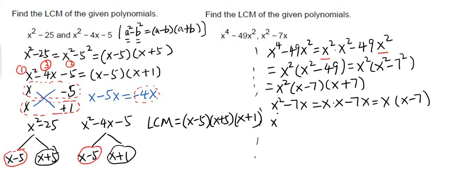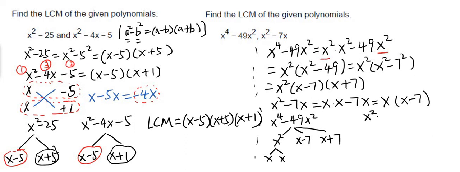So for x to the power 4 minus 49x squared, you can write down x squared and x minus 7, x plus 7. And of course, for x squared you can write the factors as x times x, right. And for x squared minus 7x, we can write it as x times x minus 7.